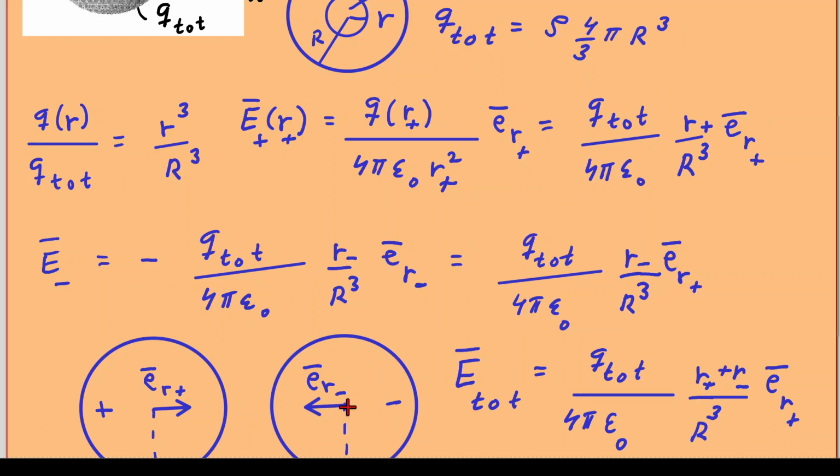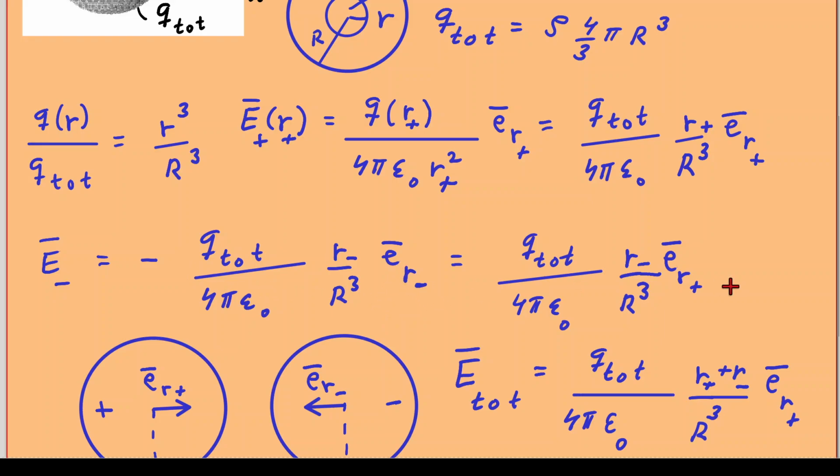And a negatively charged sphere has the electric field not outwards, but in the opposite direction to this. So that's why you have the negative sign here. And note that this unit vector is the negative of that one. So then if you introduce that vector, then you have a minus here and a minus here.